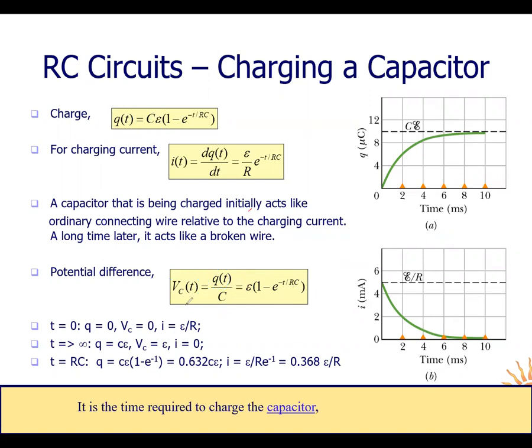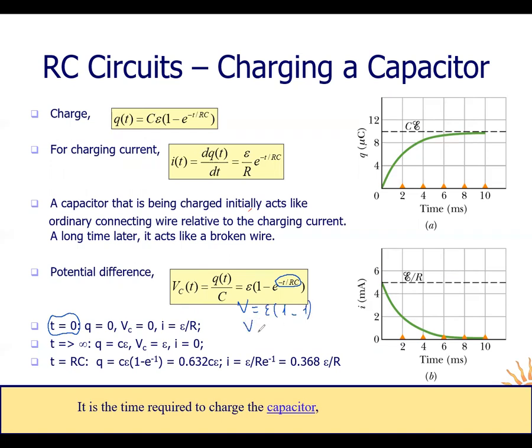Okay, so we come back to the condition at T equals 0. If we put T equal to 0, we get 1 minus 1, so V equals 0. Here we get V equals E times 1 minus 1.